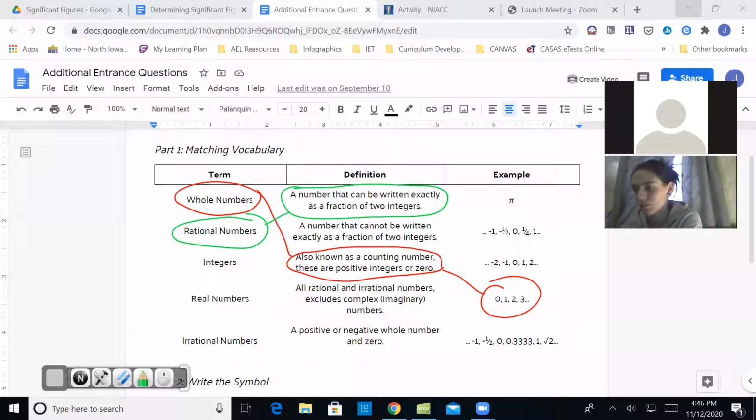So maybe. And very bottom, we have -1, -1/2, 0, 3 repeating forever, 1, and the square root of 2. Now the square root of 2, we can't write as a fraction. So this one's out. Rational numbers are going to be this setup here.